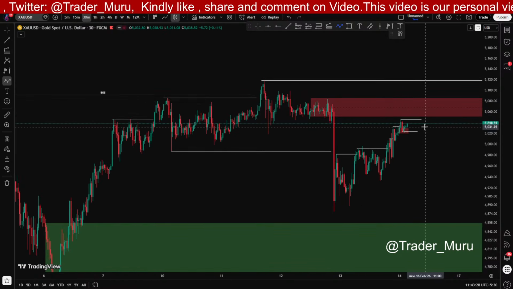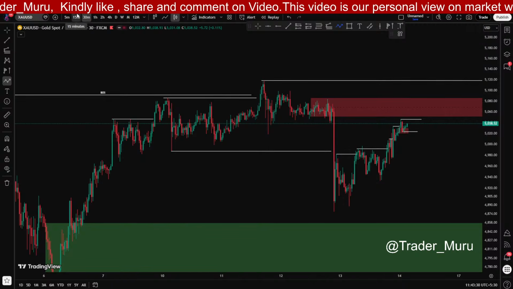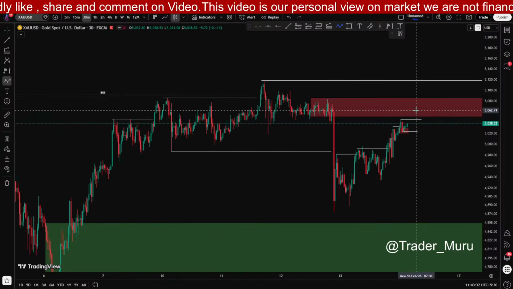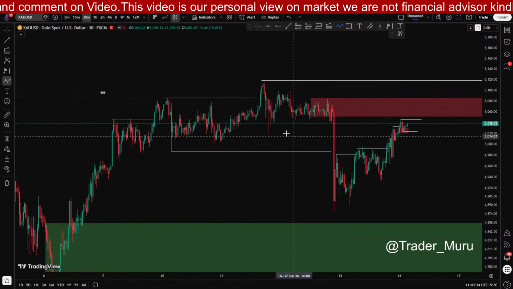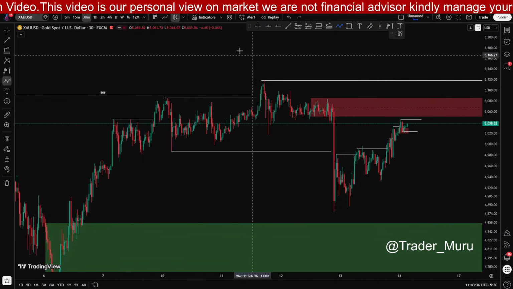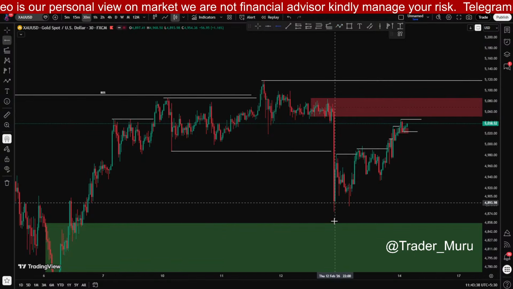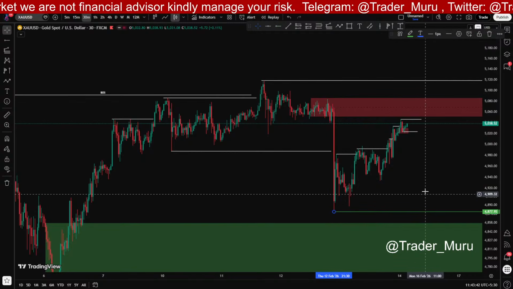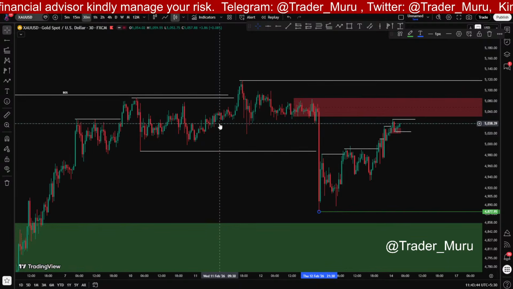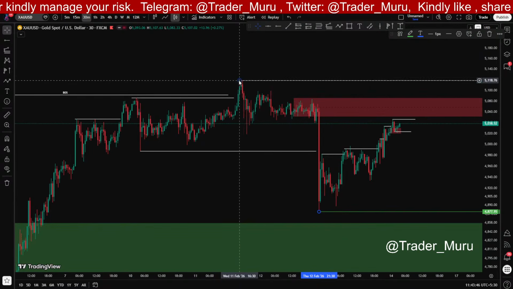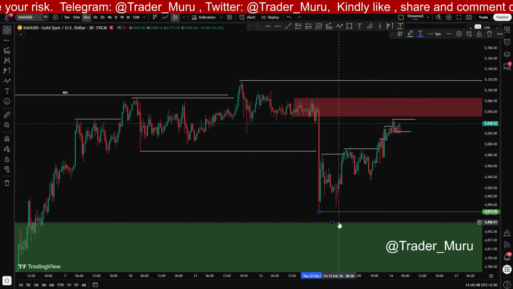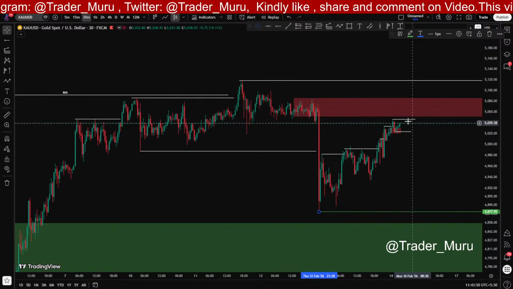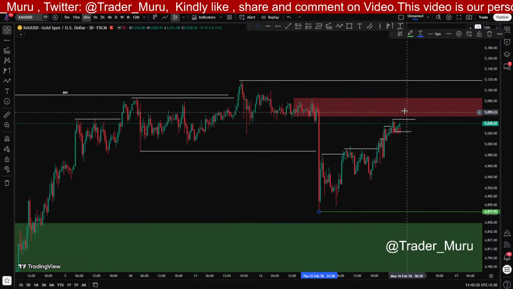So we need to wait for the 15-minute at least to align with short direction, so we can swing it for the target in 1 hour time frame here. Okay. So is it clear that we have a bearish structure and we are waiting for the short confirmation.